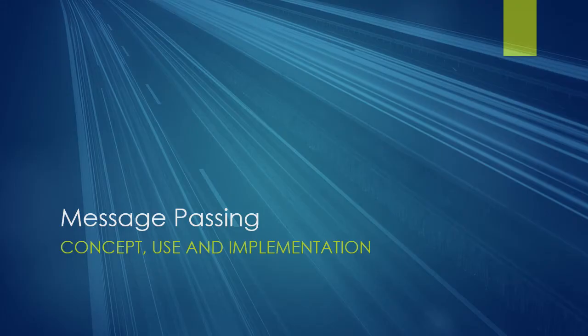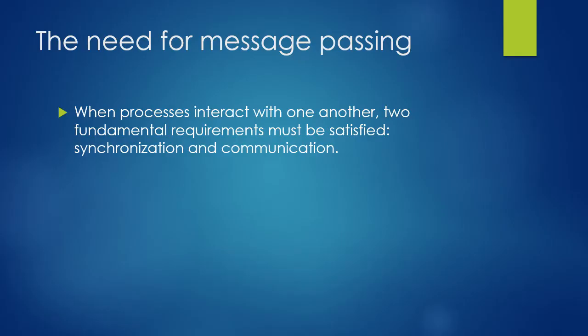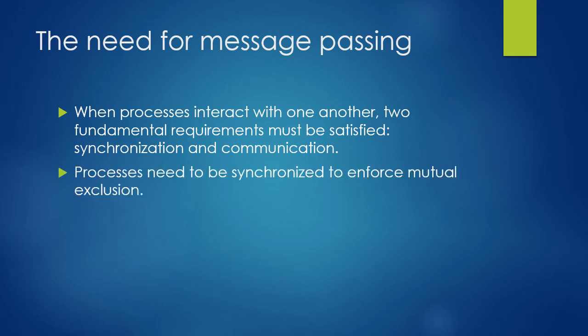After covering semaphores in such great detail, we now turn towards another method of inter-process communication, which is called message passing. The need for message passing. When processes interact with one another, two fundamental requirements must be satisfied: synchronization, which is enforcement of order, and communication.